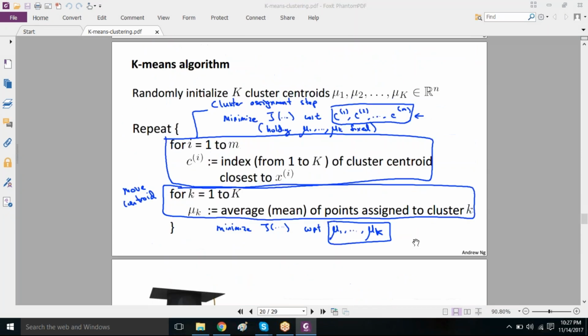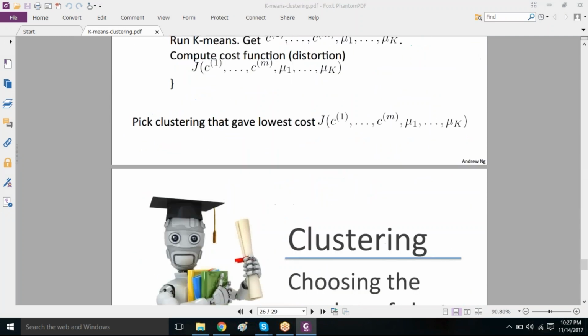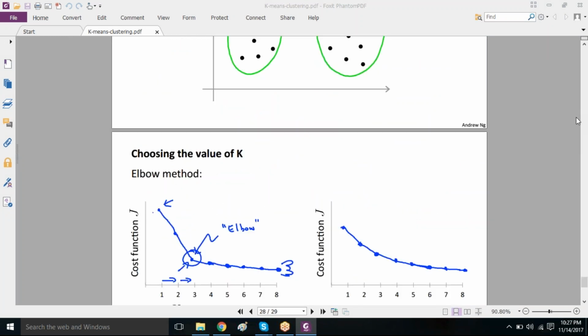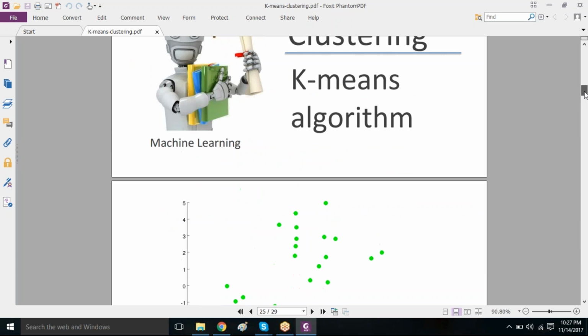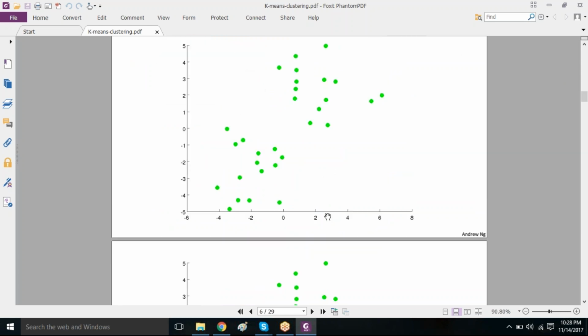Where is this used? K-means. Like in market segmentation, and I used it in a speaker problem, in a speech application also, to find similar kinds of segments. Like suppose right now we both are talking.